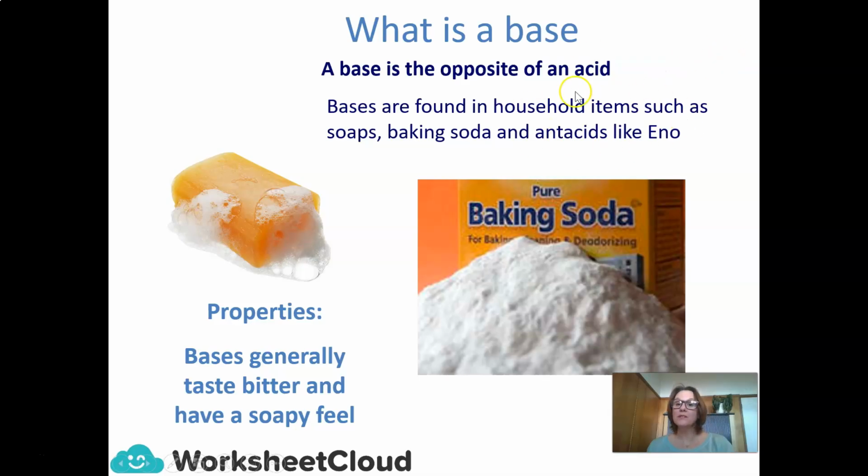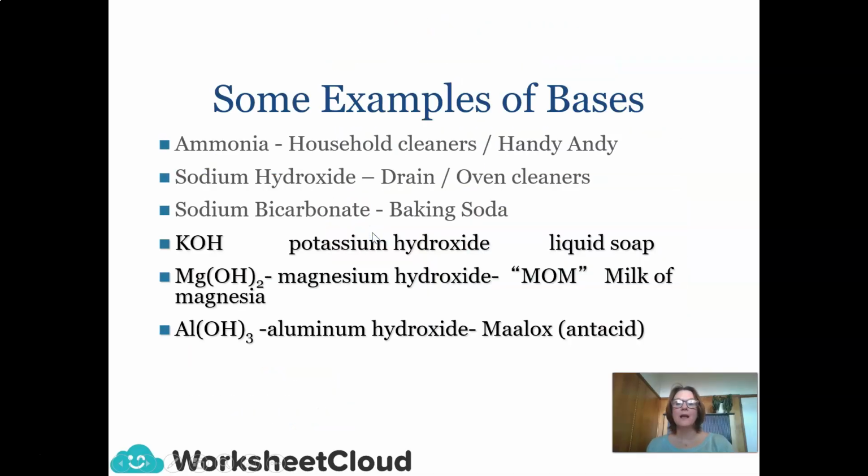This is an important part of our lesson, which I will discuss further in the next couple of slides. Some examples of bases in our homes: ammonia, which is in household cleaners like Handy Andy; sodium hydroxide, which is in our drain and oven cleaners; sodium bicarbonate, which is baking soda.